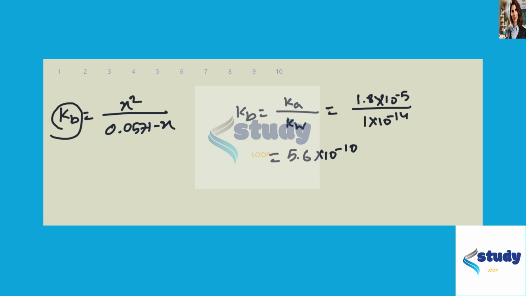So if we just plug this value here, and if we ignore this x being very small compared to this value, and we solve the equation for this x, the value of x will be 5.6 times 10 to the power minus 6.